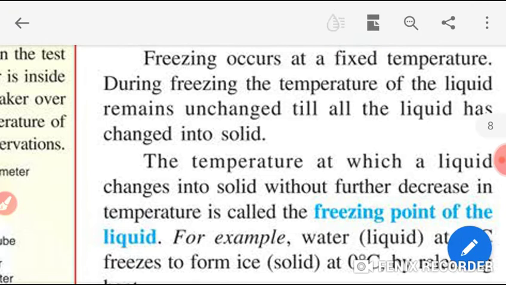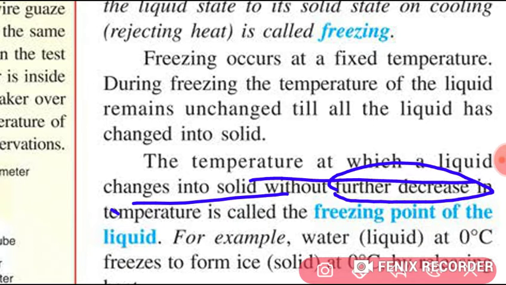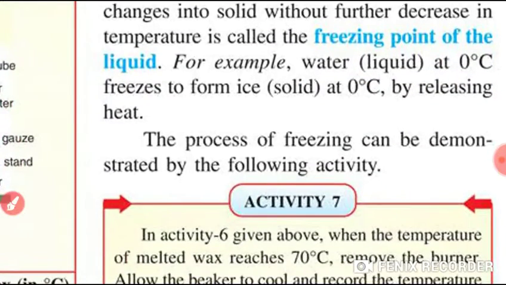So, the temperature at which a liquid changes into solid without further decrease in temperature is known as the freezing point of the liquid. For example, water, that means liquid, at 0 degree temperature freezes to form ice, that means solid at 0 degree temperature, by releasing heat.